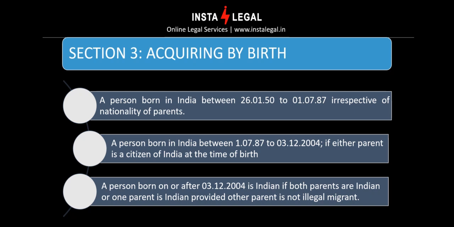For those born between 1st July 1987 and 3rd December 2004, the Act says only those shall be entitled to Indian citizenship whose either parent is an Indian citizen. And finally, a person born on or after 3rd December 2004 is Indian if both the parents are Indian or one parent is Indian provided the other parent is not an illegal migrant.